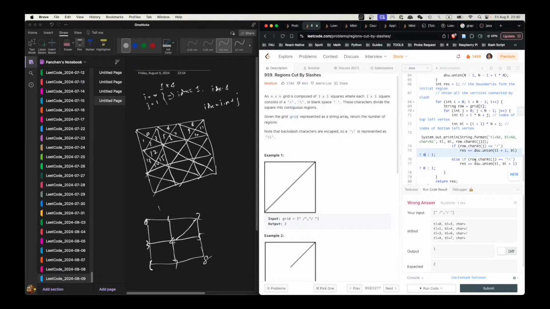So if it's a left slash, right? So char is this, a left slash, then I'll do 2 and 4, which is a true, right? So rest doesn't change. And then we do this 4 and 6 because of 3 and 6, so it'll be 4 and 6.